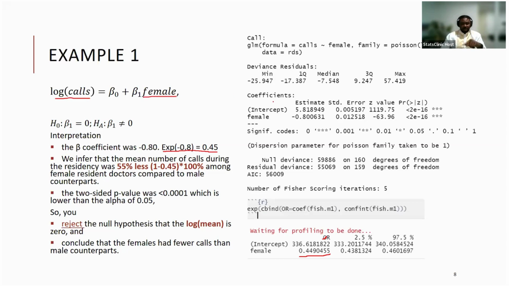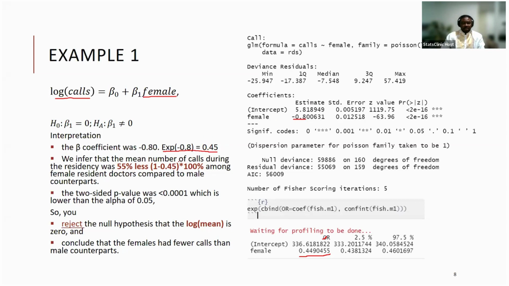Okay, thank you very much, Abbas, for interpreting for us. Abbas said that the beta estimate that we're interested in is this one, negative 0.8. So that negative 0.8, we take the exponent of it and we obtain 0.45. So this is what we're trying to interpret, this 0.45.